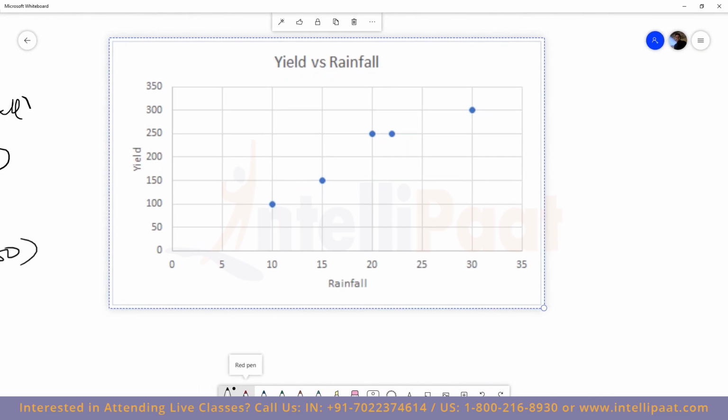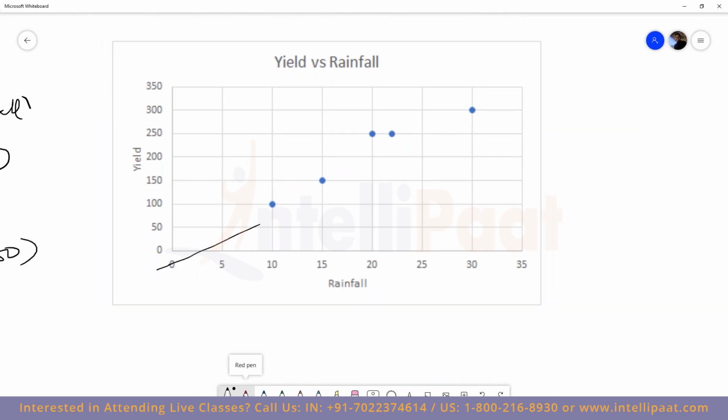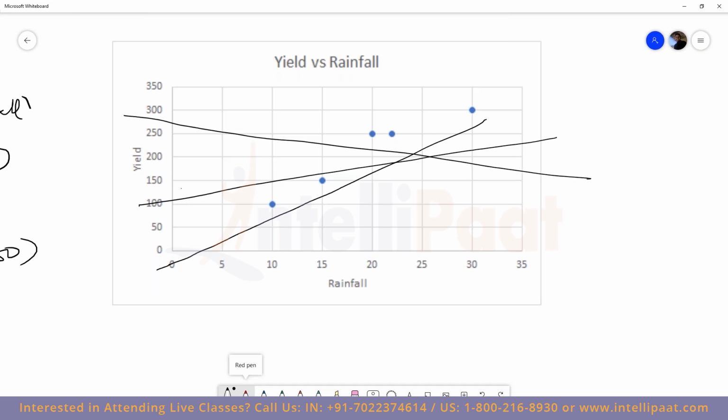So one of the lines could be something like this. Another line could be, I don't know, another line could be something like this, and then maybe one more line which goes, let's say, like this. Let's go completely bonkers on this, completely the other way around. So the point is, there are three different lines.